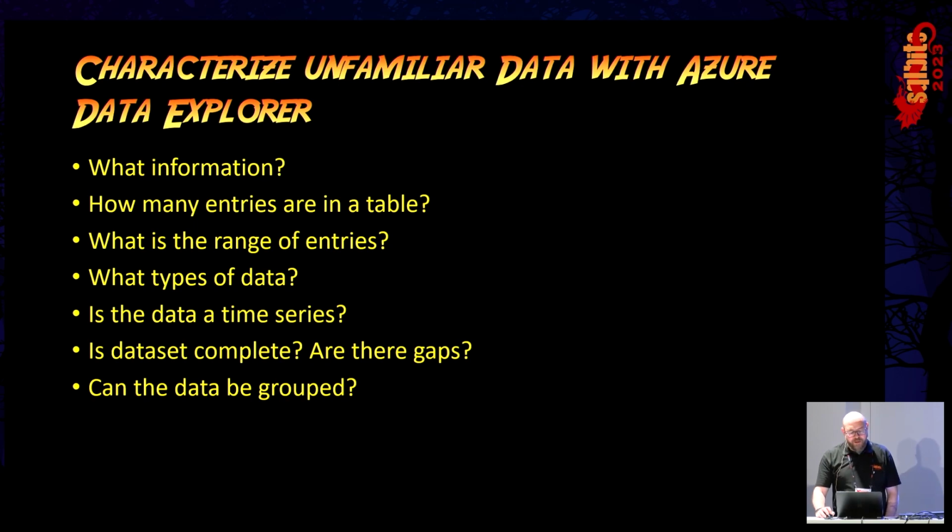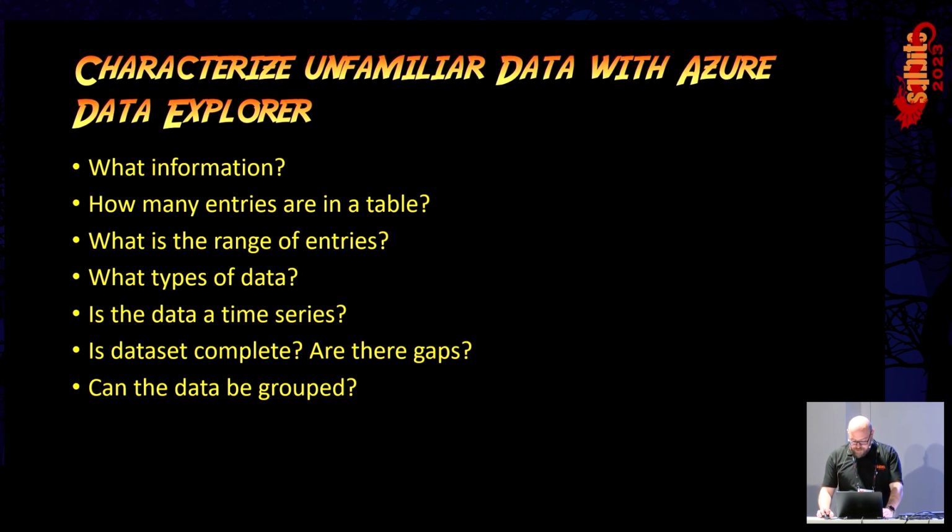What you can do with Azure Data Explorer is, for example, characterize unfamiliar data: to see what information you have, how many entries are in a table, what's the range of the entries, what's the type of the data, is the data, for example, time series, is this data set complete, are there gaps, and can the data be grouped, for example. And what I will show you next is how we can ingest data to our database.